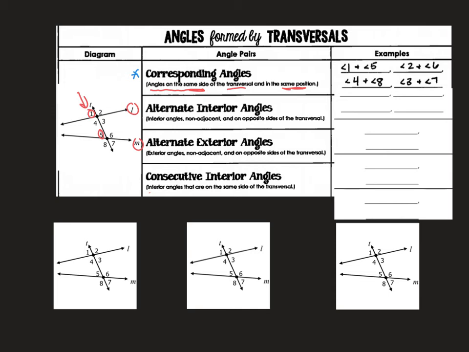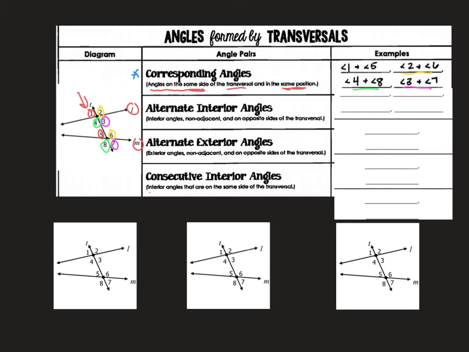Take a look back at the picture, and let's keep color coding. 4 is to the left and below L. 8 is to the left of the transversal and below M. 4 and 8. Then we got 2 is to the right and above. 6 is to the right and above. 2 and 6. And then lastly, the last angles standing are 3 and 7, both to the right and below. 3 and 7. So there's our corresponding angles.